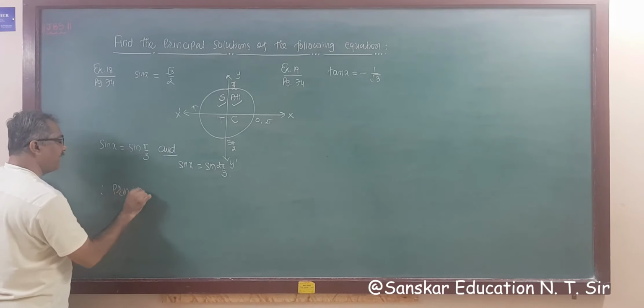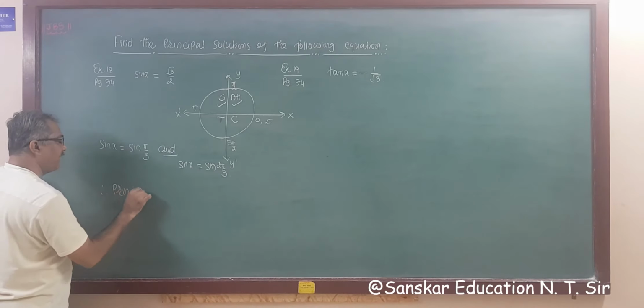Now why do we consider only the first two quadrants? Because sine is given positive, so we have to consider only positive values of sine, that is in the first two quadrants. In the first quadrant, this angle is pi by 3, that you know. And in the second quadrant, if you want to go, then pi minus.